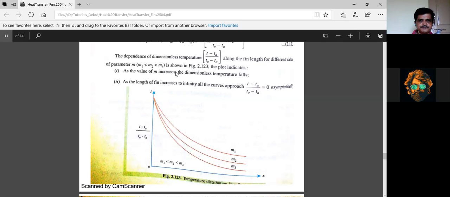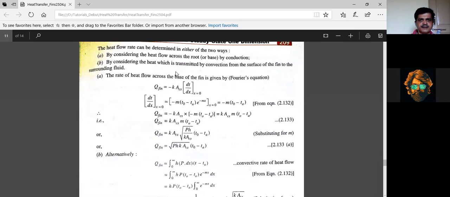Now that we have found this much, let us check the heat flow at the base. When the fin is there on the base metal, how much heat is dissipated from the base is important.